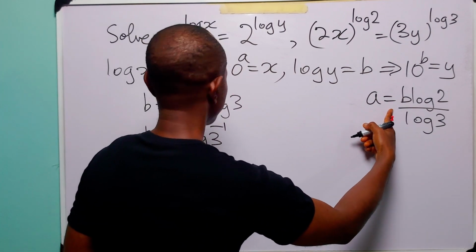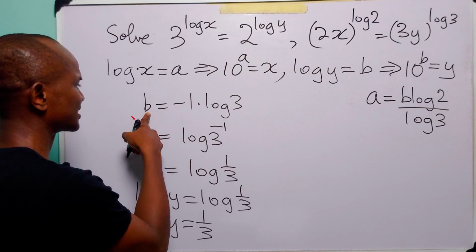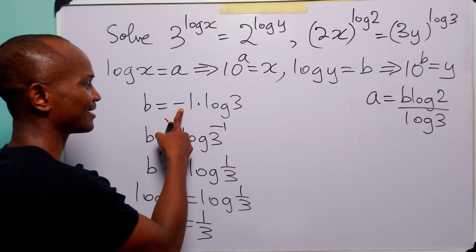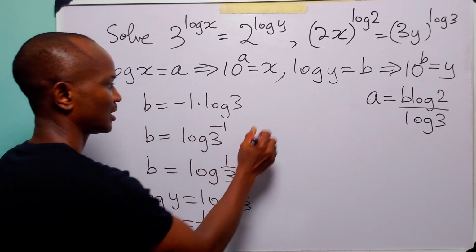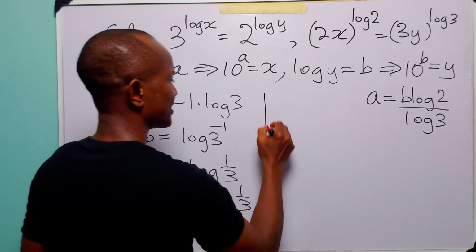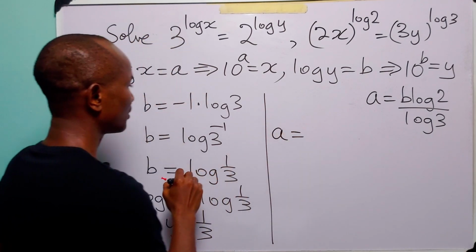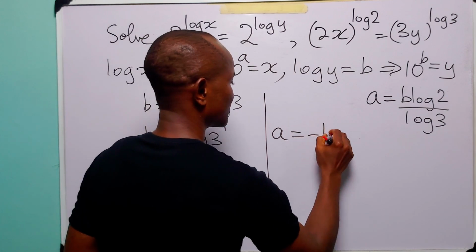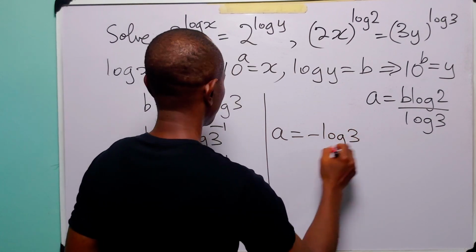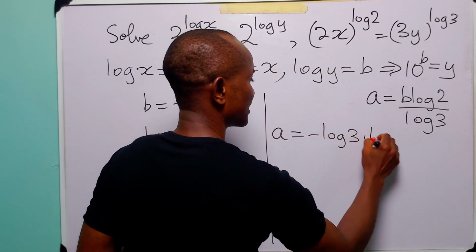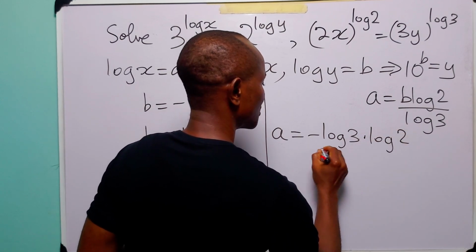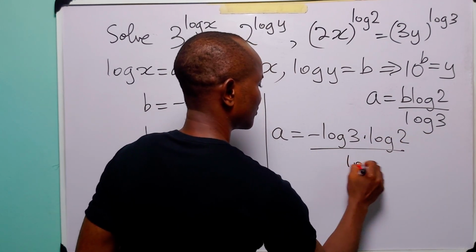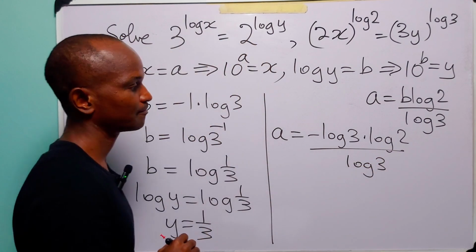Now to find a, we already know that b is equal to minus 1 times log 3. So from this, a is going to be equal to minus log 3 multiplied by log 2 divided by log 3.